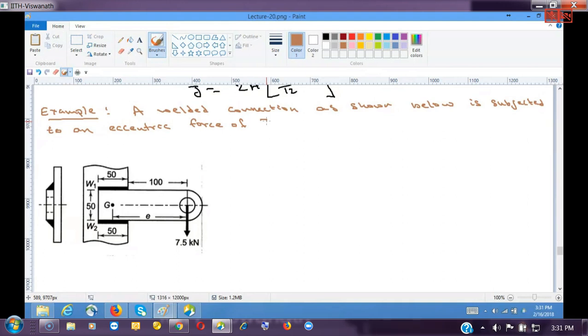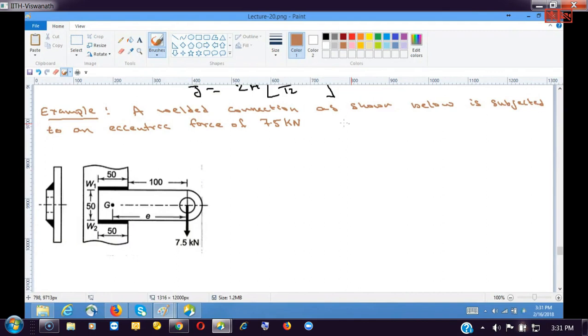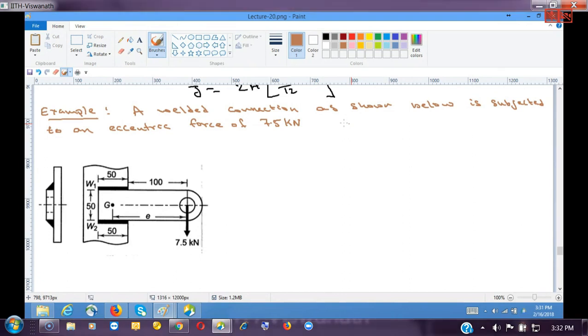Determine the size of the weld if the permissible shear stress for the weld is 100 Newton per mm square. So this is the problem.